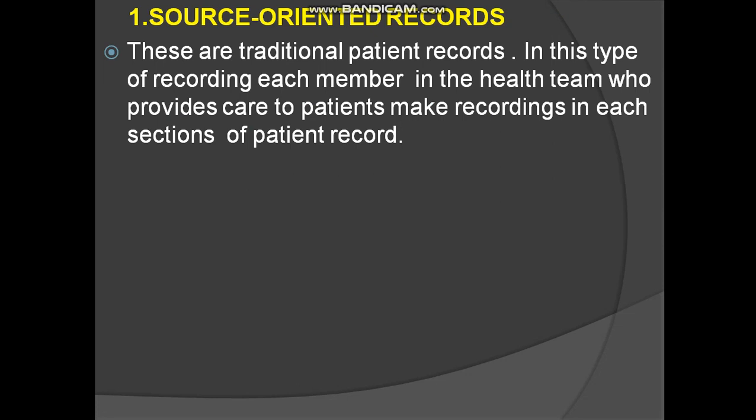For example, the admission department has an admission sheet. The physician has a physician order sheet, physician history sheet, then progress notes and nurses notes. All these notes are documented by the different healthcare teams.